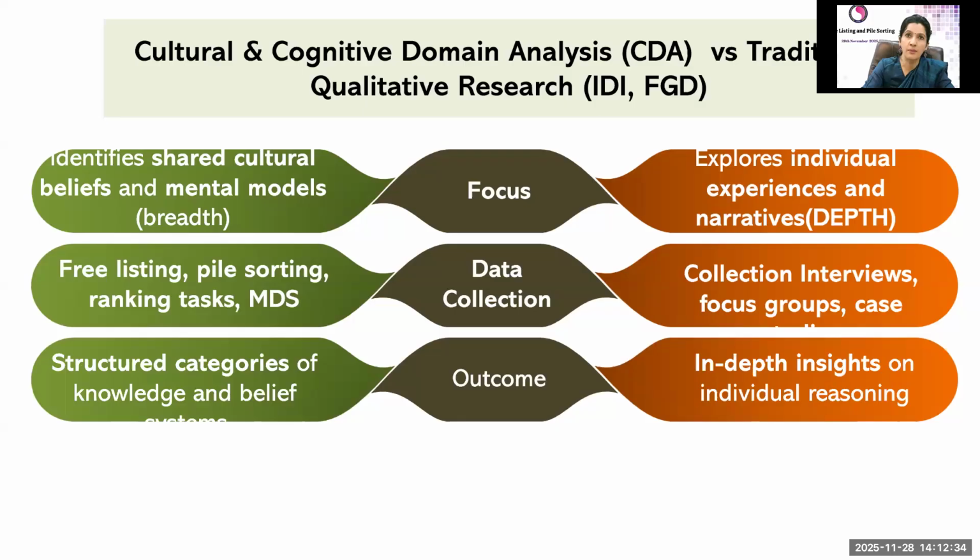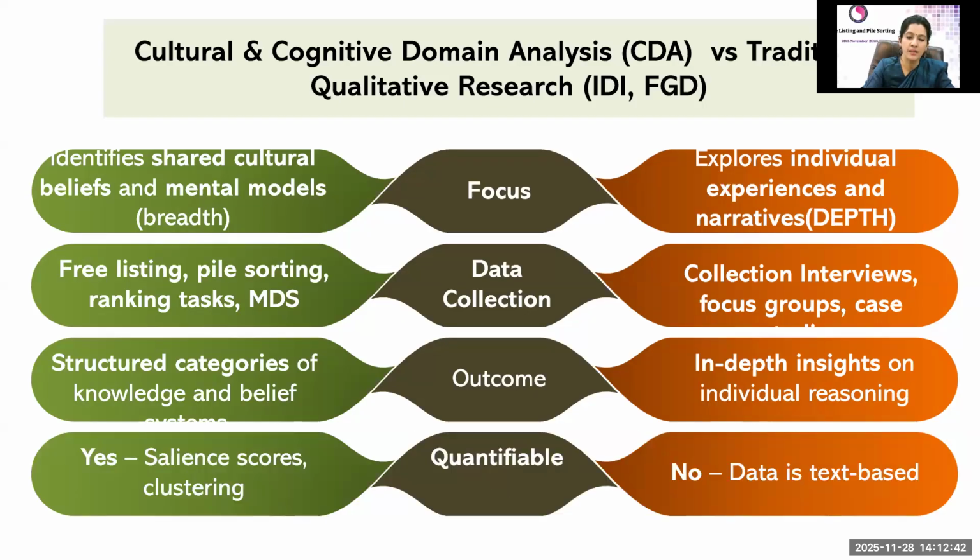And the outcome here is basically shared and structured categories. And there is an in-depth insight on the individual reasoning. And it is quantifiable. Like I said, you can see the clustering, the salience score, the frequency, you can compare between gender, and subgroup analysis you can also do.